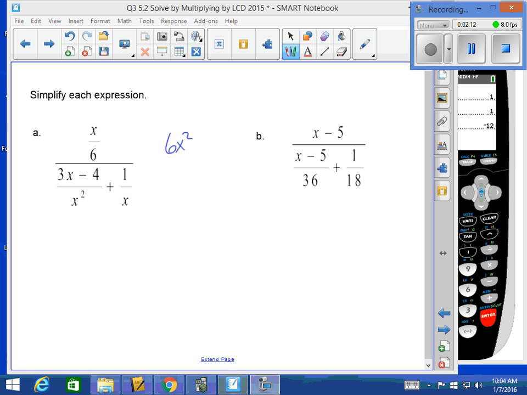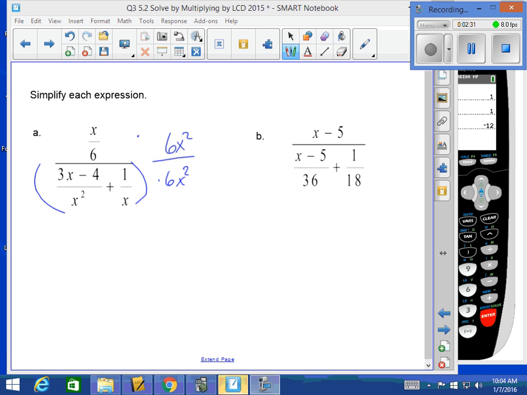We're allowed to do that. Multiplying the top and bottom by 6x squared is really like multiplying by a 1, because 6x squared over 6x squared is 1.